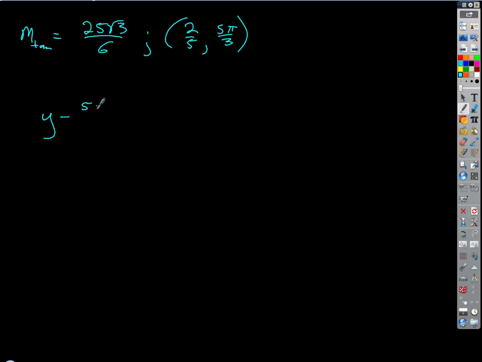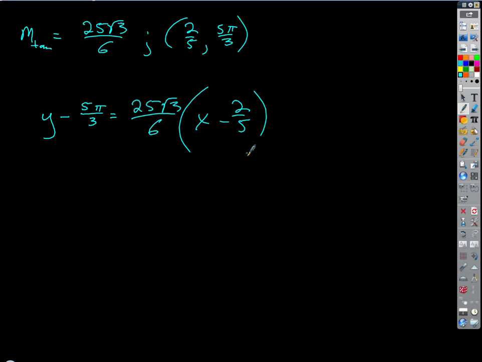So m. And the point was 2/5 pi, 5 pi over 3? Yes. Okay, so then we end up with y minus 5/3 pi equals 25 radical 3 over 6 times x minus 2/5 pi is the equation of the tangent line.